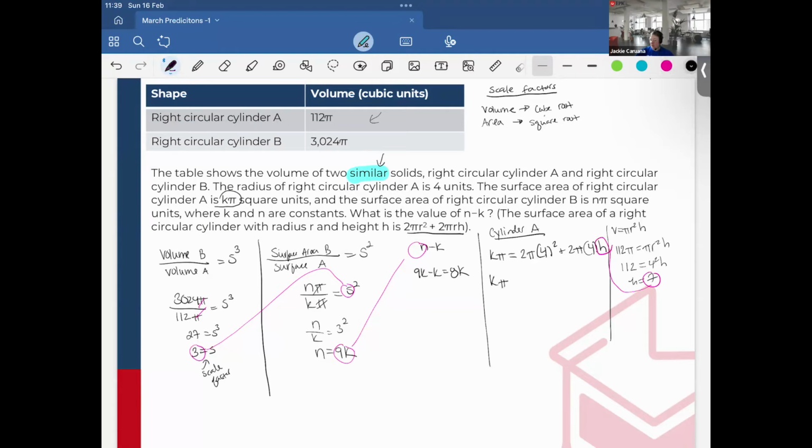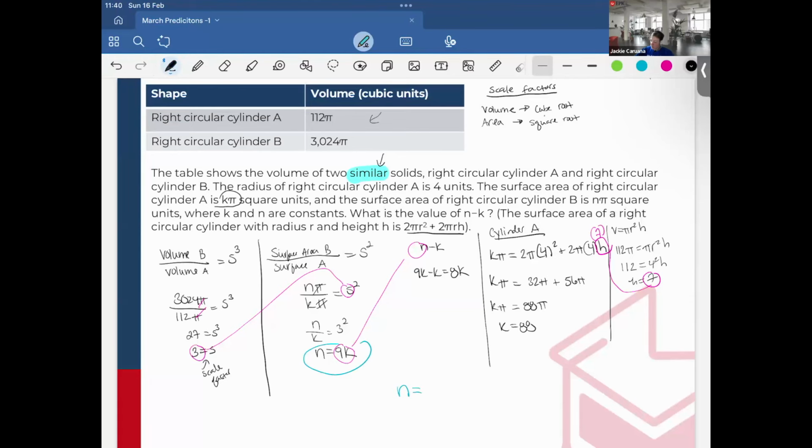Should have done that before, sorry, but now we could put that in here. So that when I simplify, this is 32 pi plus the 7 here, so 28 times 2, 56 pi. So I have k pi is equal to 56 plus 32, 88 pi. Divide each side by pi. So I get that k is equal to 88, which is amazing because I know what n is.